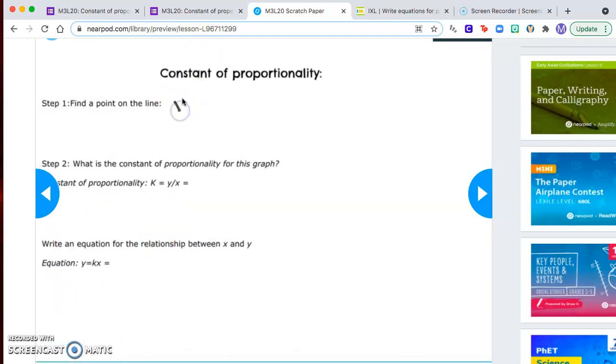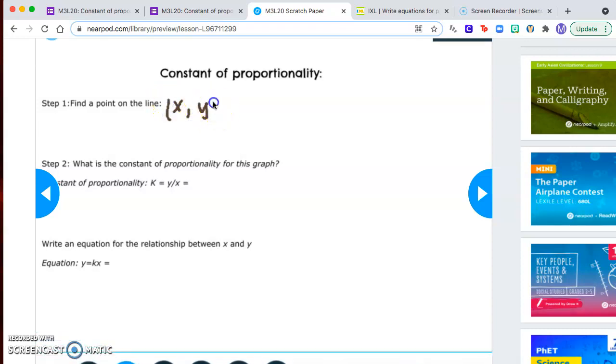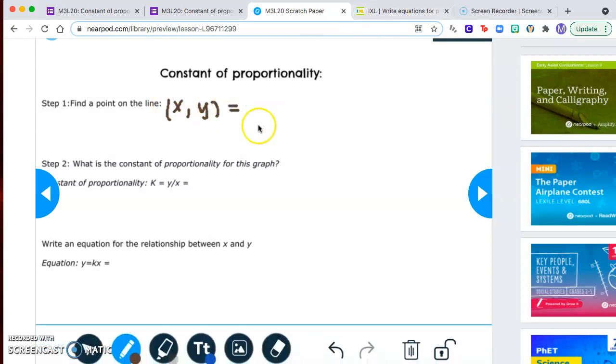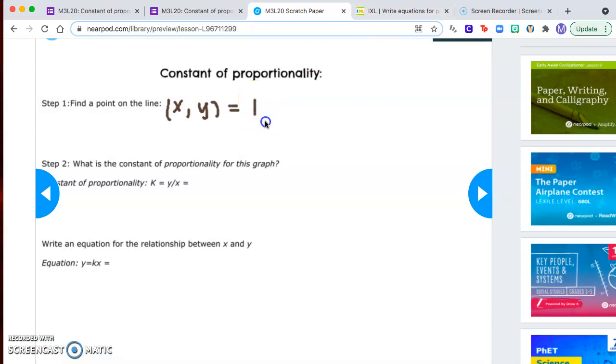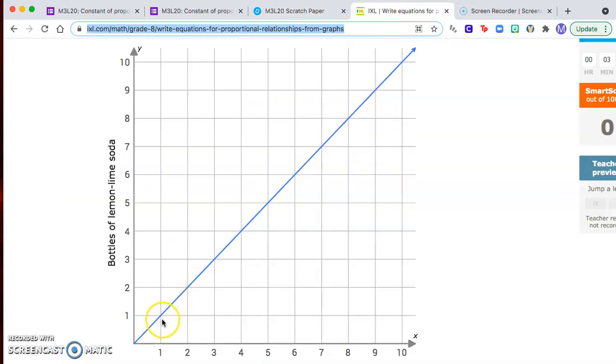A point on the line is always x comma y. In the graph that we have, x was 1 and y was 1, so that was a point on the line right over here.